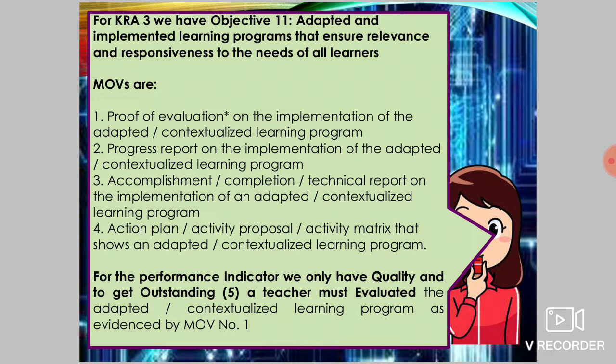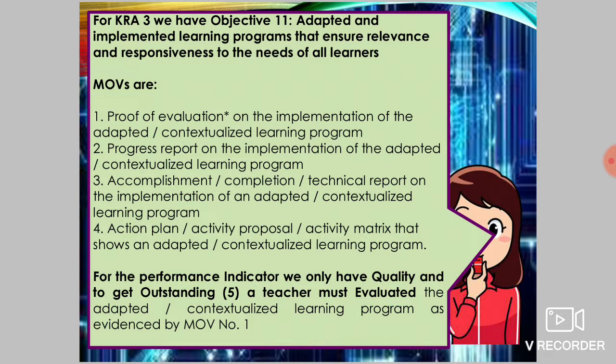So, progress report on the implementation of the adopted contextualized learning program, accomplishment or completion report, technical support report on the implementation of an adopted contextualized learning program, action plan or activity proposal, activity matrix that shows an adopted or contextualized learning program.